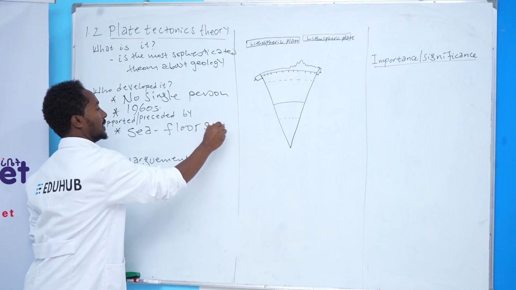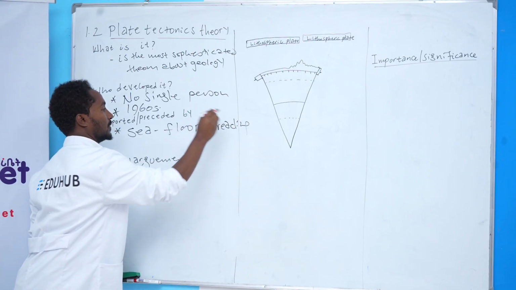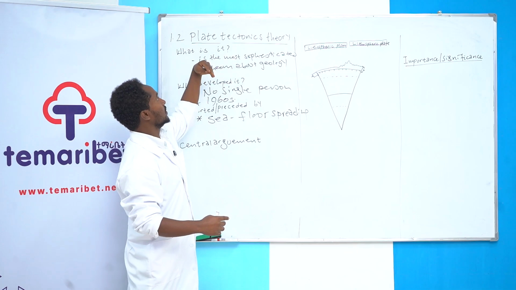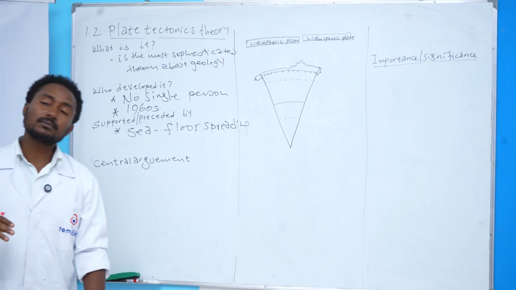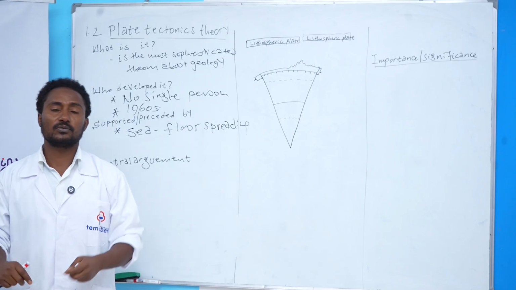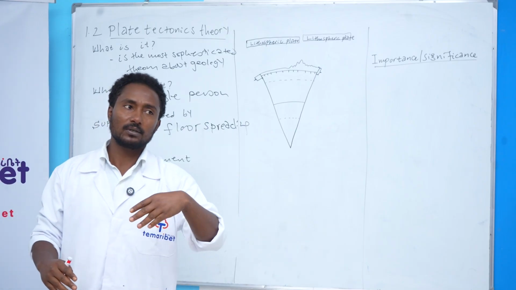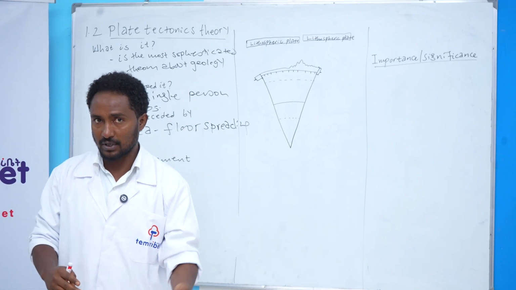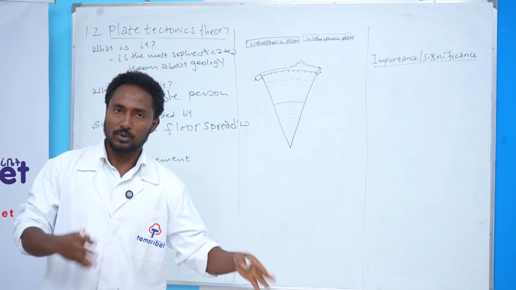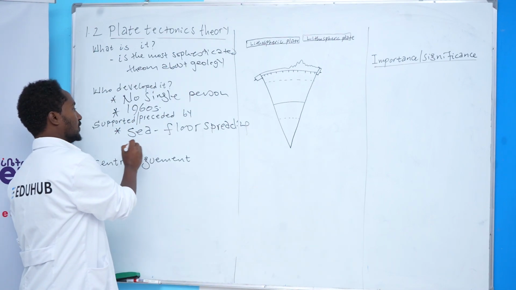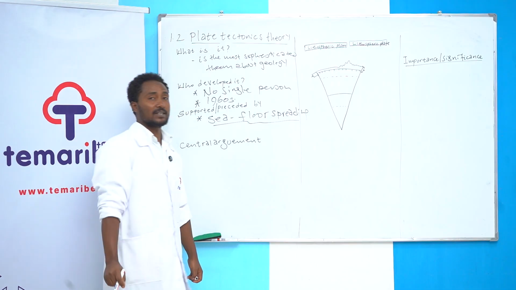Before the development of plate tectonics theory, there must be some supporting theory or scientific investigation that preceded the actual development of the theory. That is the theory called seafloor spreading.